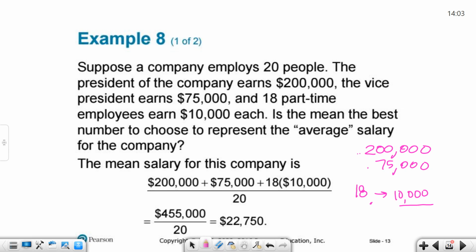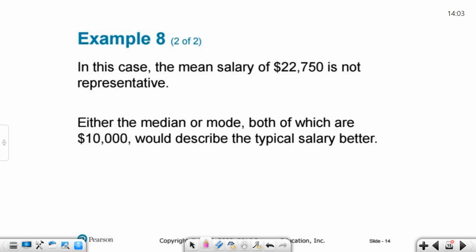Well, that's not very representative of this data set, since there are 18 people that are underneath the mean value. And so we would want to use a different measure of central tendency. The mean salary of $22,750 is just not representative. So you could say the median, or the mode, both of which would be $10,000, would describe it better.